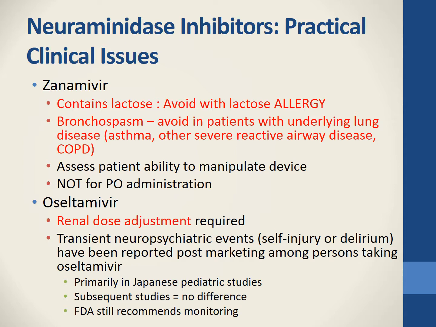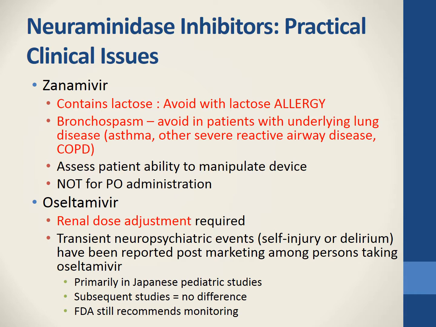With oseltamivir, renal dose adjustment is required, so you can look that up if you have somebody who has renal dysfunction. And when this drug first came to market, there was more concern with what they called transient neuropsychiatric events, so patients who had delirium or self-injury.